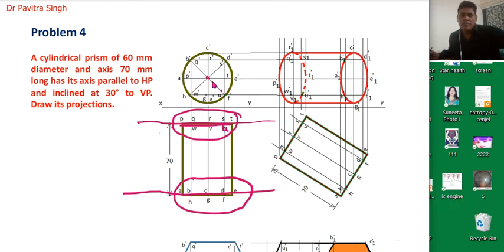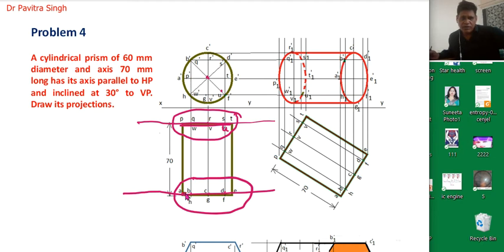Similarly, when we see from the top, we will draw a vertical line from point A dash, so we will get this point A, from B dash we will get this point B, from C dash we will get this point C, from D dash this point D, and from E dash this point E, then from F dash, from G dash, from H dash.